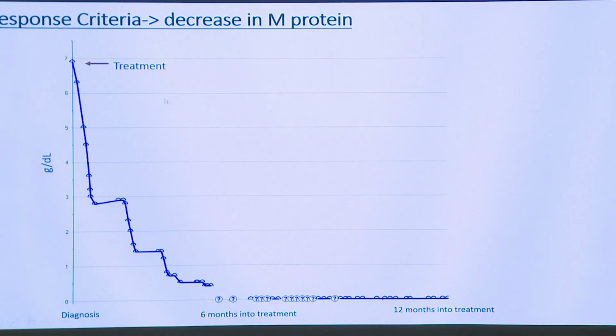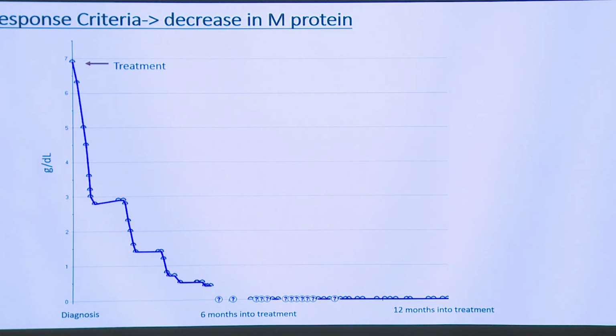And ideally, when you have a patient that is being diagnosed, you treat it, and this M protein is going down over a certain time frame. So that kind of leads us then into the response criteria of multiple myeloma. Obviously, when you treat myeloma, you want to get rid of the actual disease in the bone marrow.